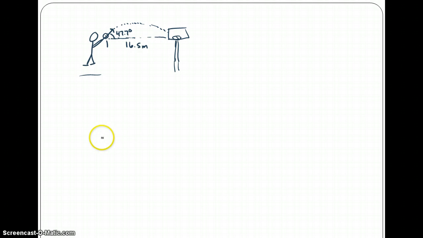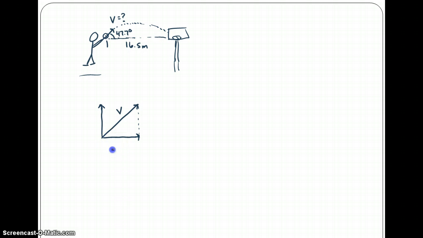The first thing that I did is I said, well, I have a vector that represents a velocity, because that's what I don't know. I don't know this velocity. This velocity can be split up into its components: a component in the x direction and a component in the y direction. For those of you that need to see the triangle, there's my triangle, where this side is the same as this side over here.